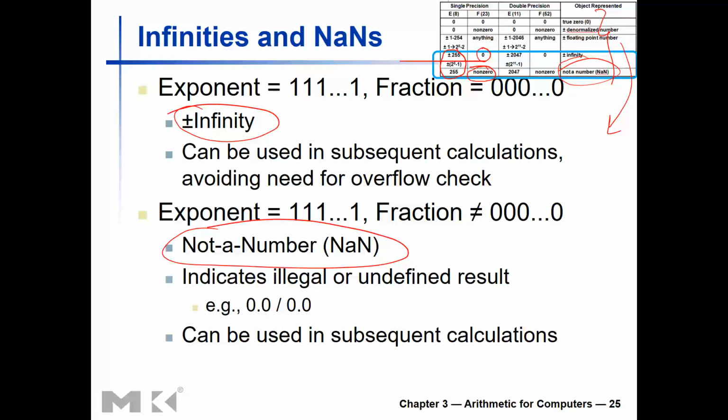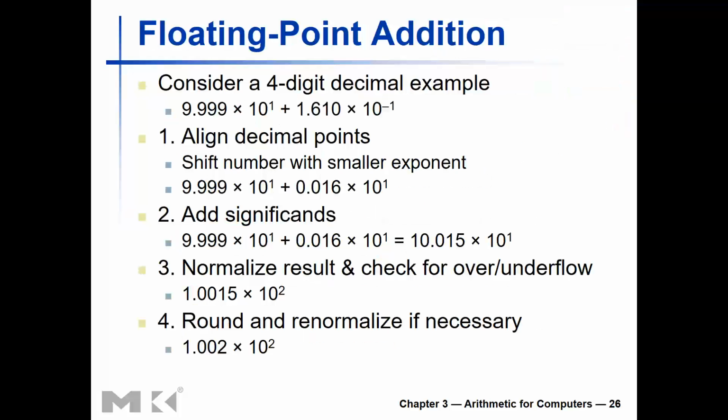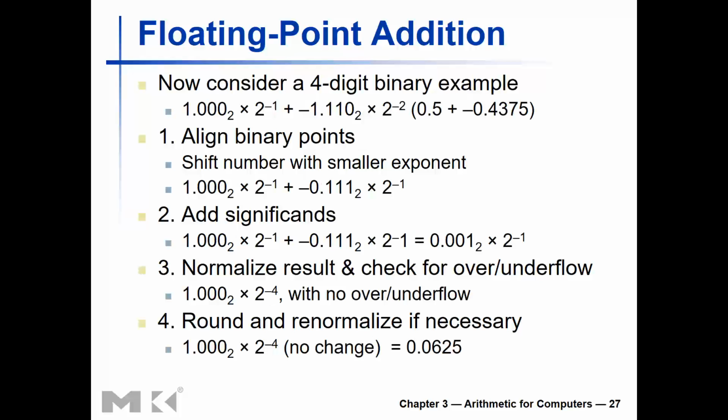So a lot of people are now proposing alternative systems for floating point, much like the posit and its cousins. Okay, so now let's talk about floating point addition and multiplication. If we are adding two floating point numbers, then we have to go through steps. Suppose we are adding this number plus this negative number, and this is in decimal what we are doing.